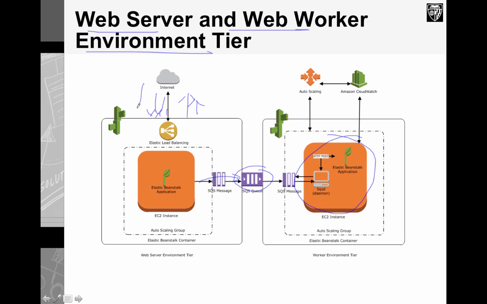For example, somebody comes to your web application, fills an order, you process the order, you write the record to the database, and then once the order is fulfilled, a message is put into the SQS queue, which then gets processed, and an email is sent back to the customer, or even to the monitoring service. That would be an example of web server and web worker working together.